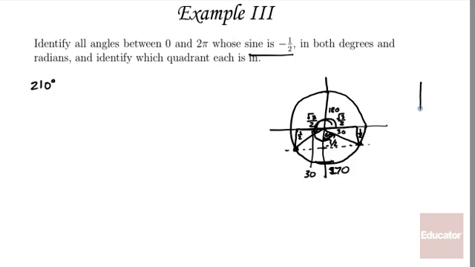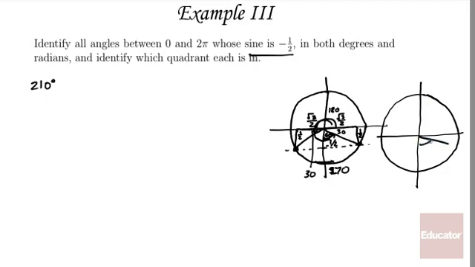This is getting a little messy, so I'm going to redraw it over here. That's the angle we're trying to chase down here, and we know that's 60. And that much is 270. So 270 plus 60 is 330 degrees. So those are the two angles that we're after.